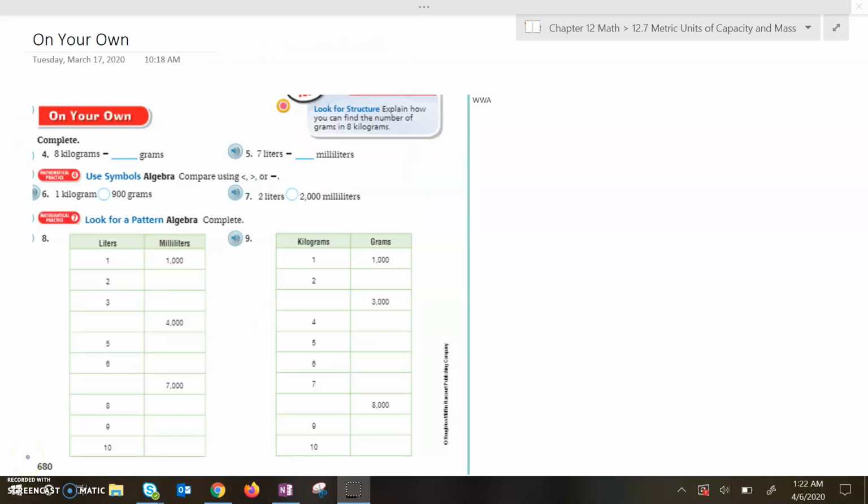Moving down the page, here is the On Your Own. I will read through these and ask you to pause so that you can try them on your own and then check your answers. Number 4, 8 kilograms equals blank grams. Remember, for every 1 kilogram, you have 1,000 grams.